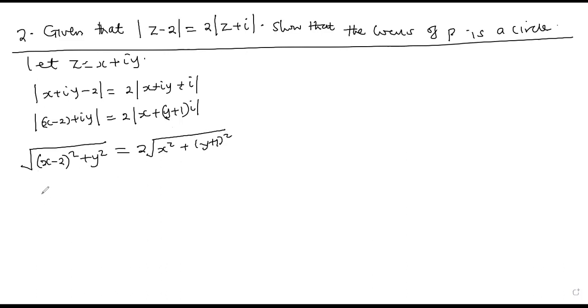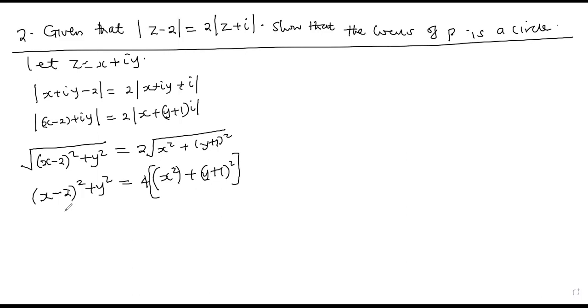When you square both sides, we shall have x minus 2 squared plus y squared is equal to 4 into, because the square will affect even the 2, x squared plus y plus 1 squared.